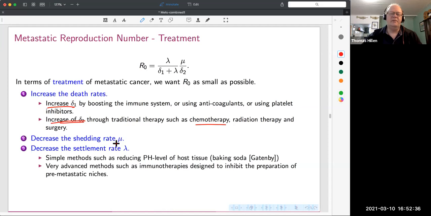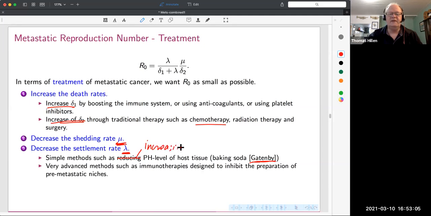Decrease the shedding rate, mu. I have no idea how this could be done. And then decrease the settlement rate is to make it less likely for them to settle somewhere, and there are various methods. A simple method is by Bob Gartenby, just to make the body more basic, increasing the pH level. Now I'm losing my chemistry here, right?